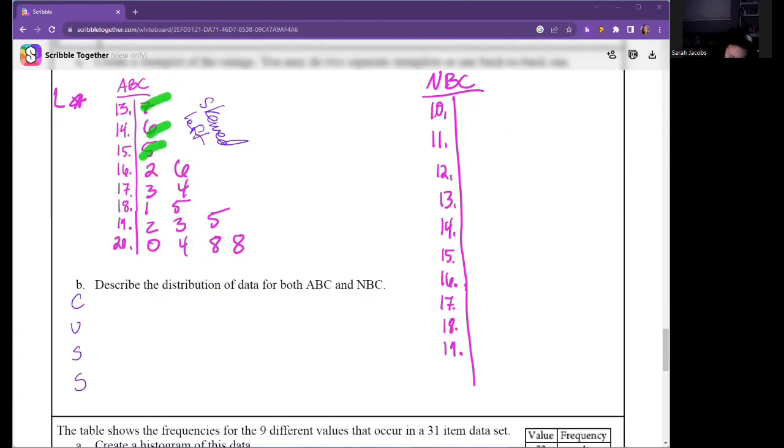So 1, 2, 3, 4, 5, 6, 7, 8, 9. So between 18.5 and 19.2, I'm just going to average those. And so the center is 18.85 is the median.